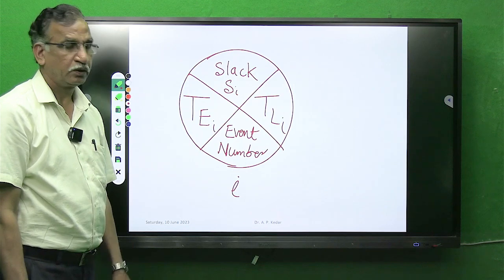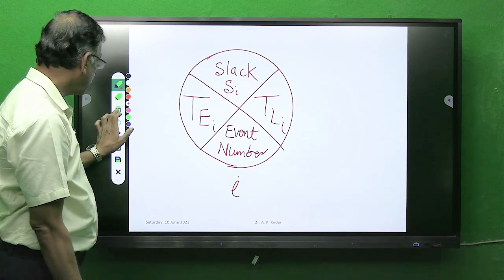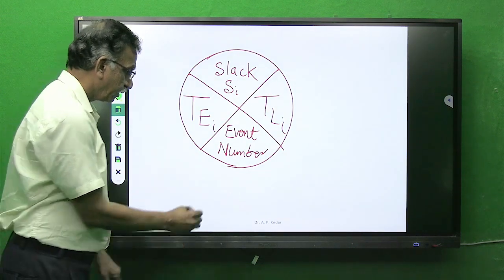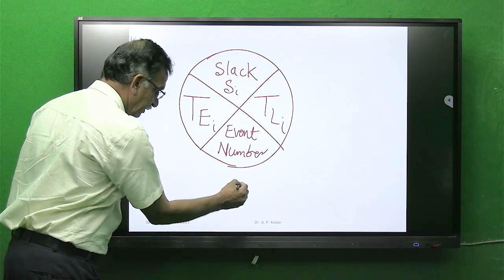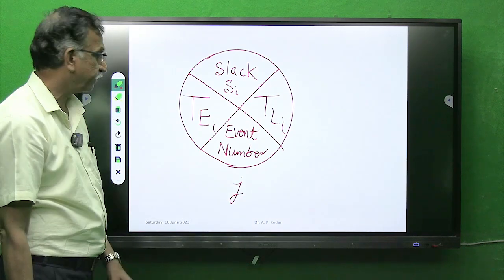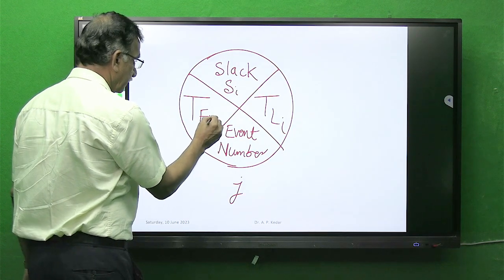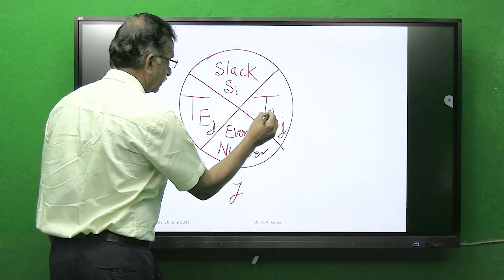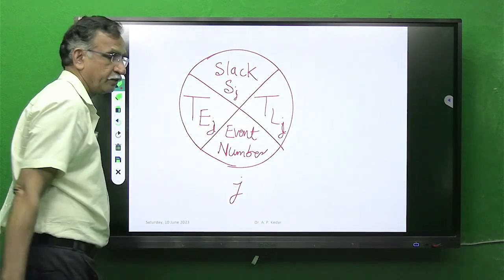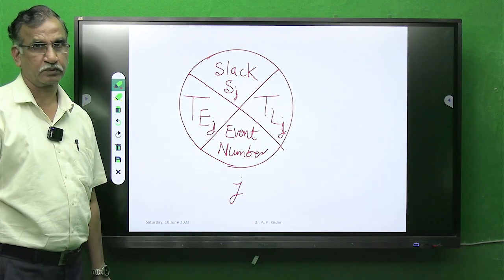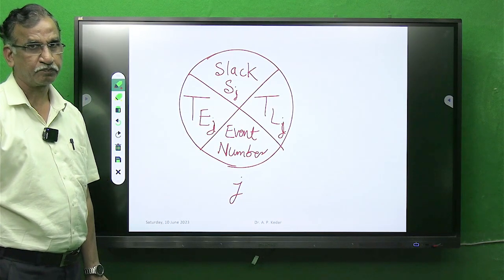But if this is the jth event, then this is J, this is also J, and this is SJ. This is the simple convention we have to remember.